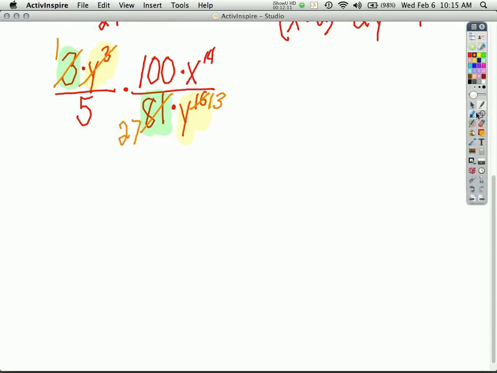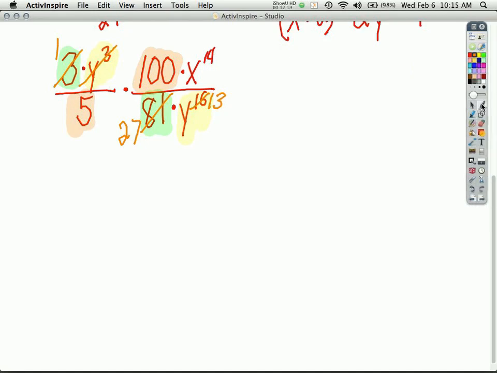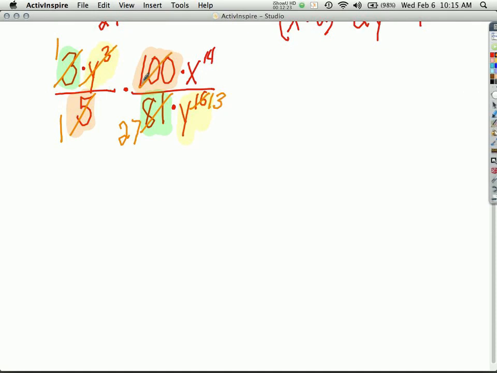And then, if you look closely at the 5 and the 100, you should have realized that there was a common factor there as well. 5 divided by 5 is 1, 100 divided by 5 is 20, and now just rewrite it in simplest form. Was that easy? Of course not. But this is the level of work that you are expected to be able to handle. Okay?